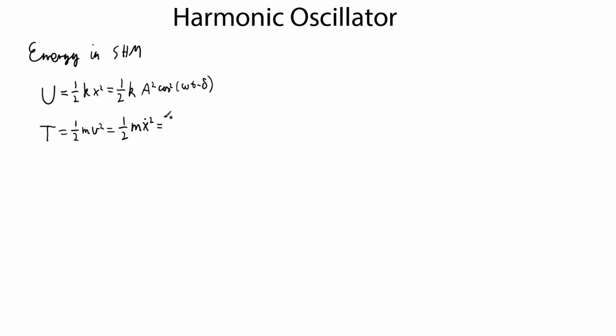Now, if you remember the formula we had for the velocity as a function of time, it's just a time derivative of this. It's going to be minus omega times this. Let's just do it. The velocity as a function of time is minus omega A sine of omega t minus delta. Okay, so we plug that in here.